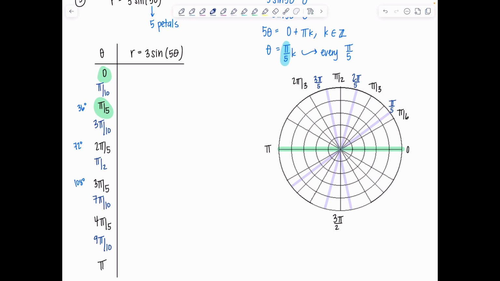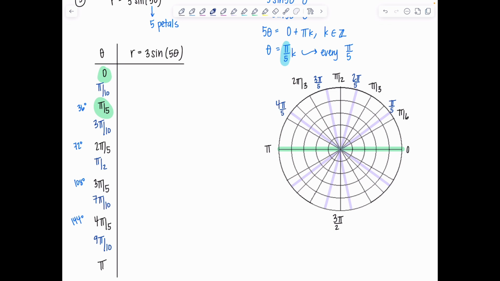And then 4 pi over 5, 4 times 36, that's 144 degrees. So let's put it about here. 4 pi over 5. And then 5 pi over 5 is done.